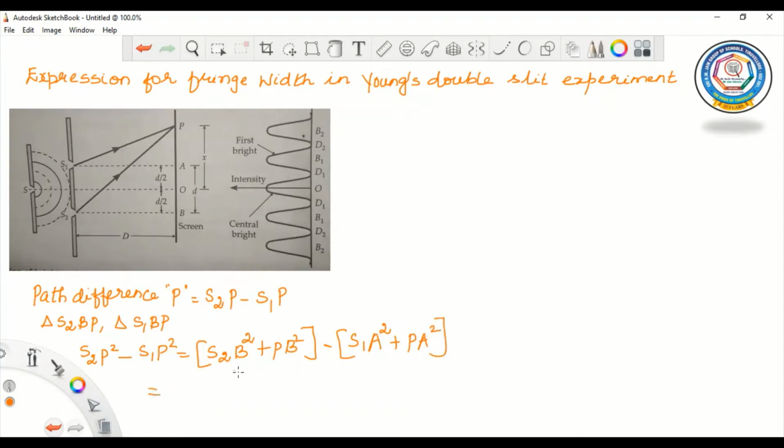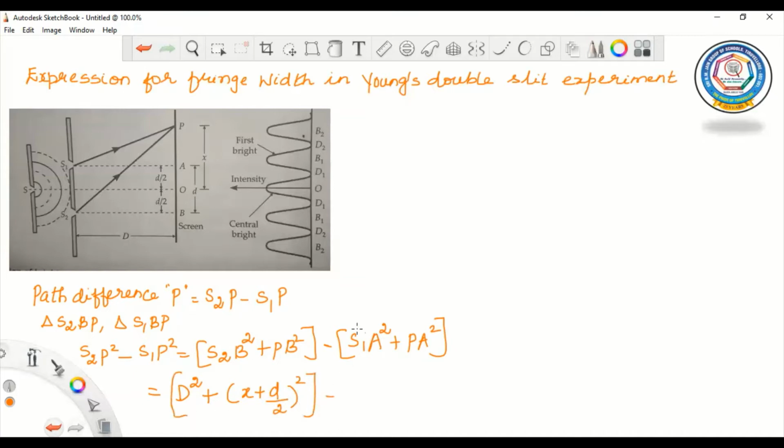So what is this S2B? S2B is nothing but small d. So from the diagram you can write d square plus PB square. Look at the diagram, PB square: P to O is x, and again from O to B is d by 2. So we can write it as x plus d by 2 the whole square.